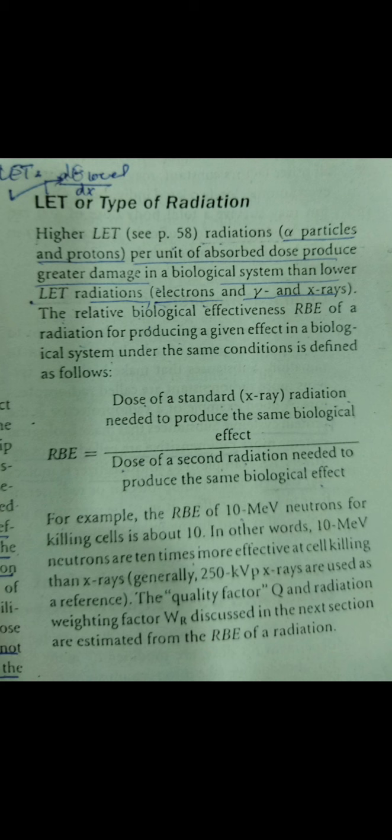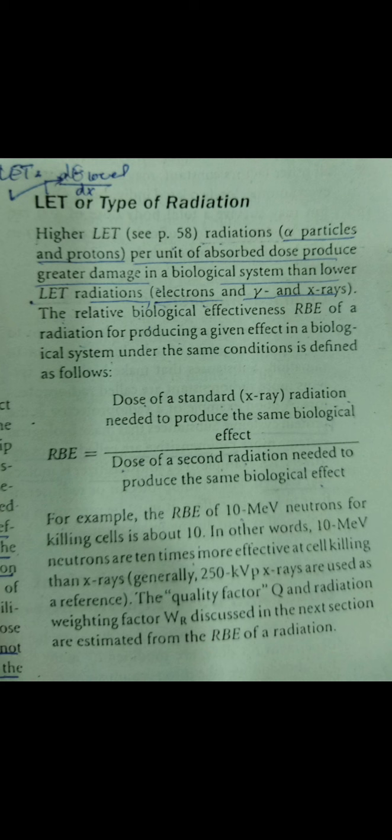Now the relative biological effectiveness of a radiation for producing a given effect in a biological system can be defined as the dose of a standard X-ray radiation needed to produce the same biological effect divided by the dose of a second radiation needed to produce the same biological effect. So this is known as relative biological effectiveness.